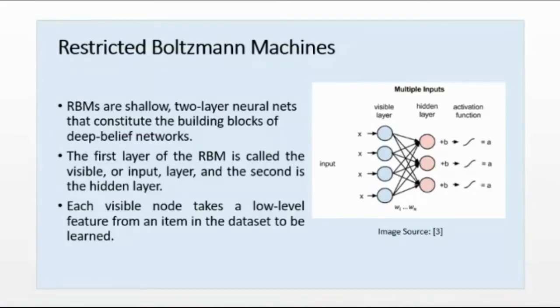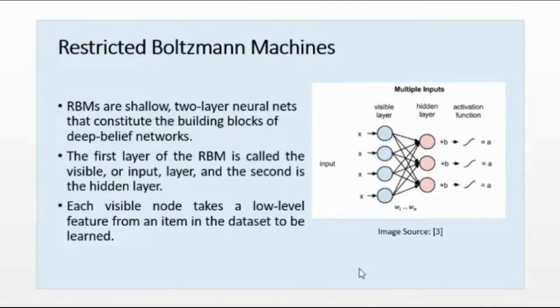So these are shallow two-layer neural nets that constitute the building blocks of deep belief networks. We know the deep neural network as well as the deep belief network. The RBM is the main block of a deep belief network, and moreover, you can also integrate RBM with other deep neural networks. You can find more papers on that, like CNN integrated with RBM.